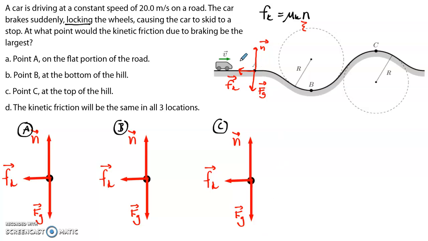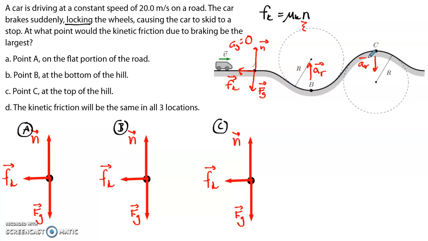So at point A, the acceleration will only be parallel to Fk. So there will only be a tangential acceleration, and the y component of the acceleration will just be 0. However, at point B, there will be a centripetal acceleration that points towards the center of the circle. And at point C, it's the opposite, because the center of the circle is at the bottom.